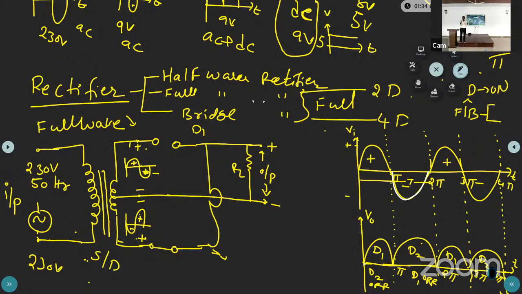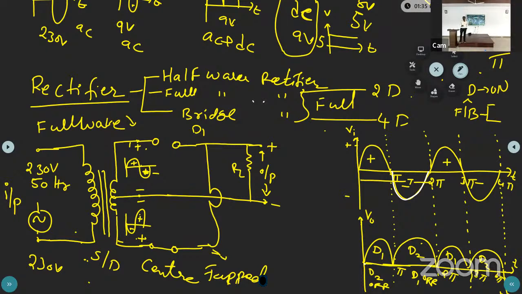So what is the difference between the full wave and the bridge rectifier? The number of diodes and the transformer type. In the bridge rectifier, we use 4 diodes and a normal, regular transformer. Coming to the full wave rectifier, only 2 diodes, and this transformer is called a center tapped transformer.